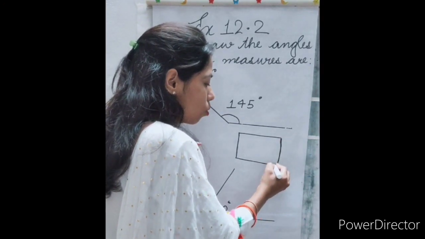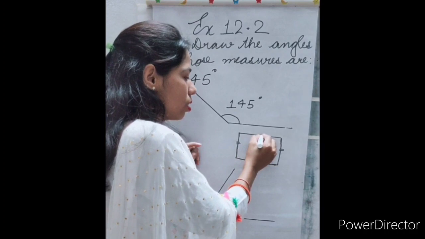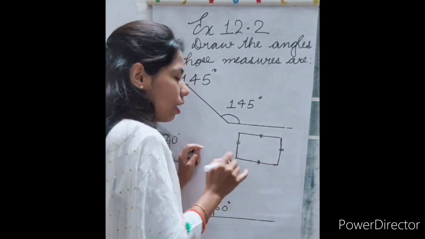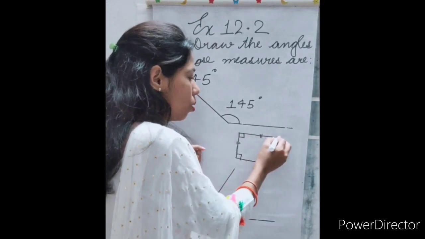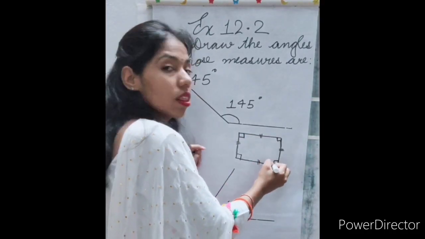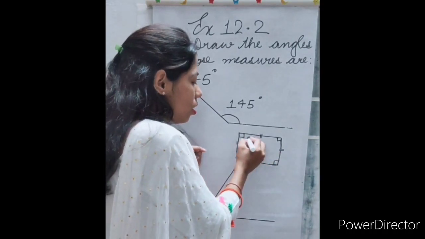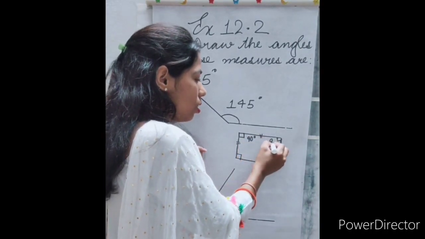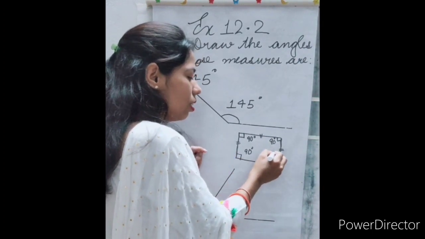The length of opposite line segments are equal, or length of opposite sides are equal. And if you see the measure here, the measure of the angles of a rectangle is 90 degree, 90 degree, 90 degree, 90 degree.